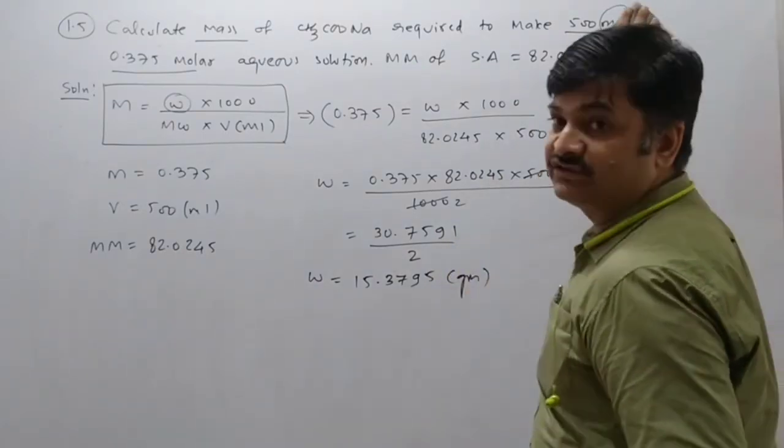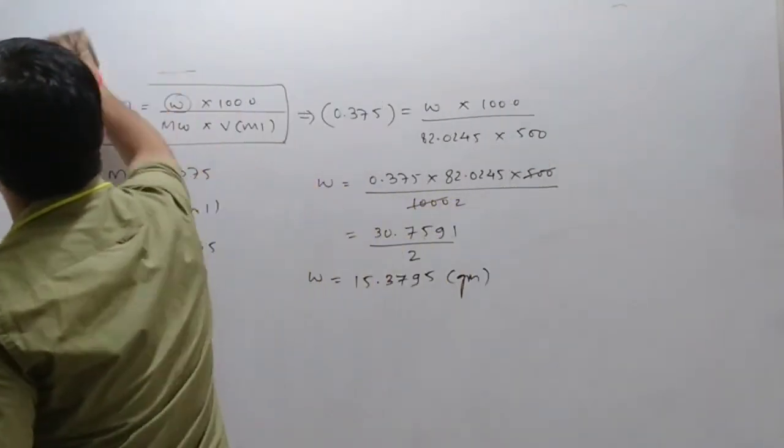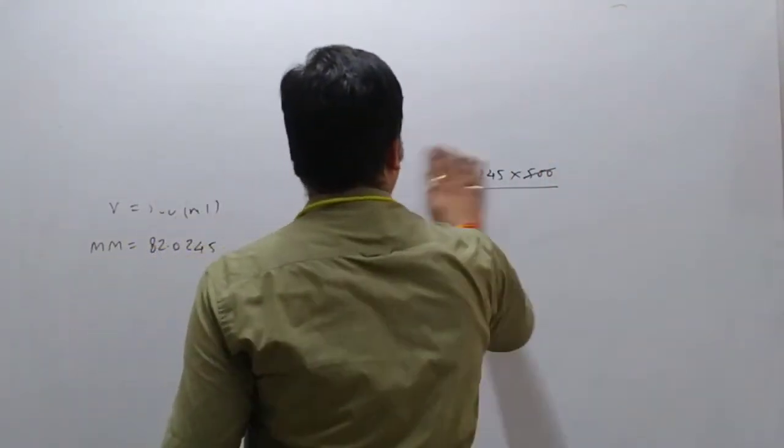Now the next question is 1.6. What is happening in case of 1.6?